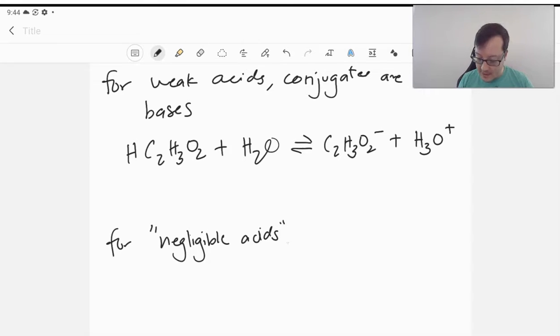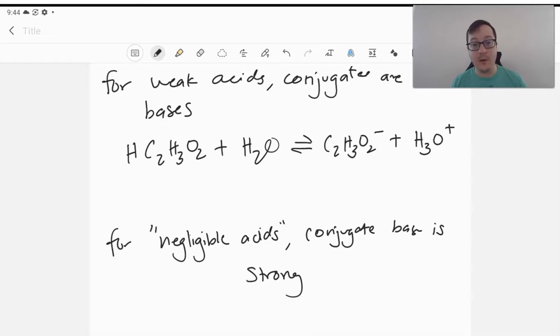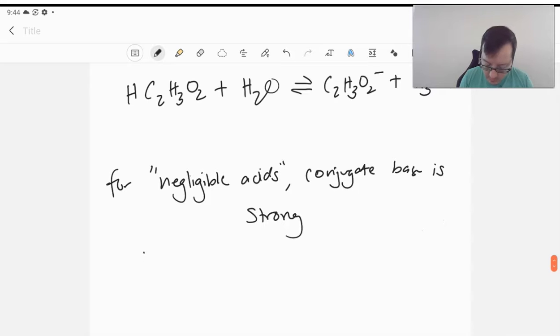For negligible acids, the conjugate base is strong. So, for example, if we have water going ahead to give us, we'll put it with acetate.